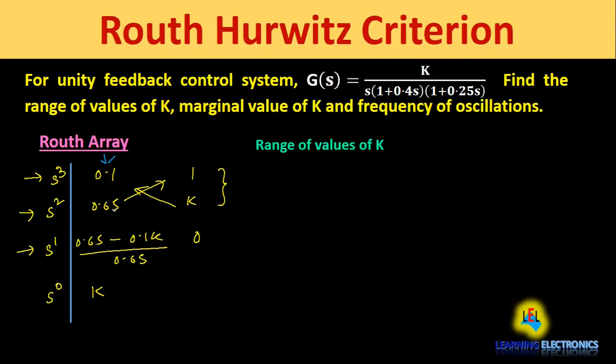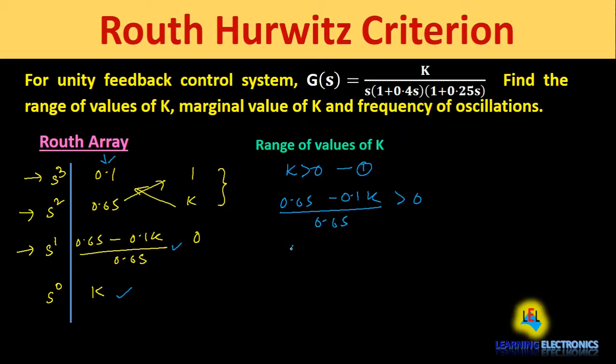So to find out the value of k, first we will take k greater than 0, because it should be positive to make the system stable. Let this be equation number 1. We should also make this value greater than 0, that means (0.65 minus 0.1k) divided by 0.65 should be greater than 0.